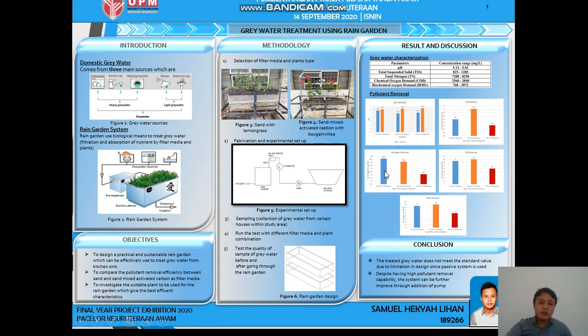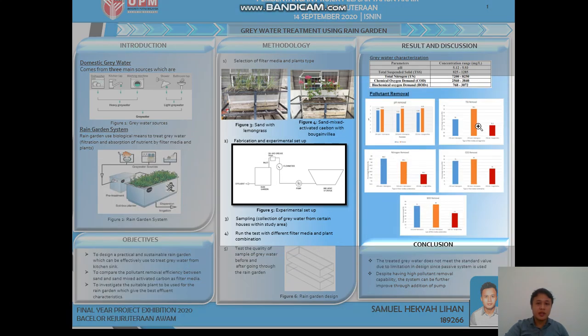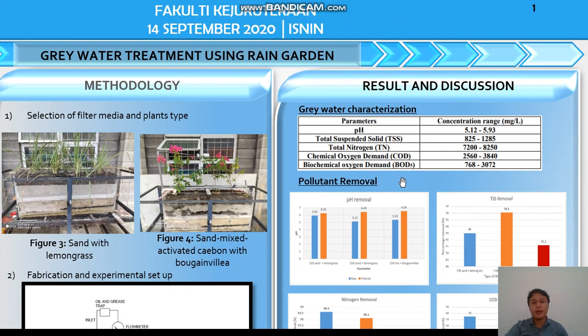So after running through the experiment, it is found that the grey water from the Taman Sedang residential area is actually quite polluted, and it can be seen from the COD concentration, which is in the thousands.